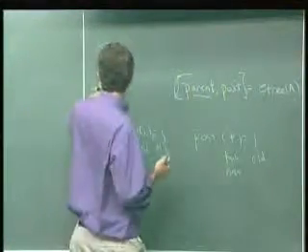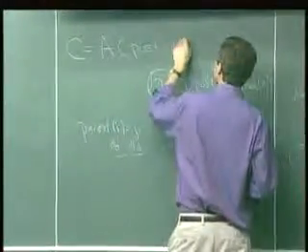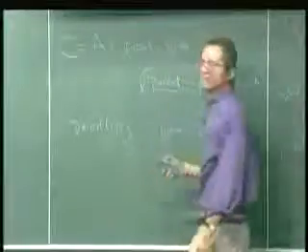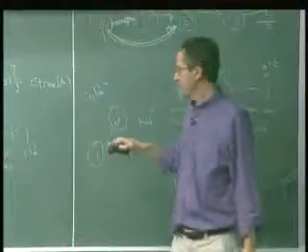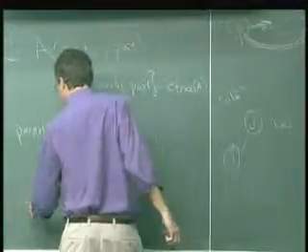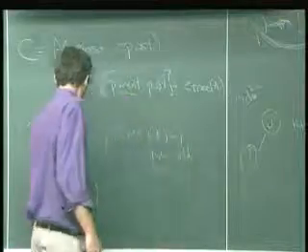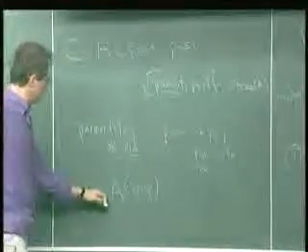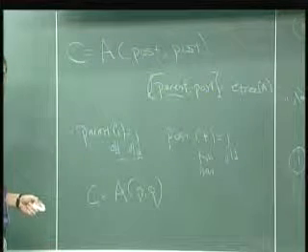Then you just do this: C equals A of post, comma post in MATLAB. That permutes a matrix. Because if you have a permutation vector in MATLAB, you can say C equals A of P comma P, and that performs a symmetric permutation of a matrix according to the permutation vector P.